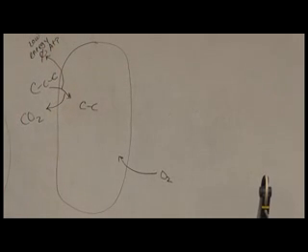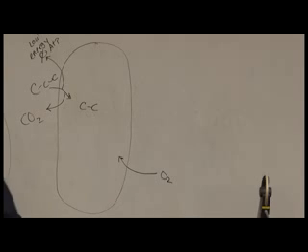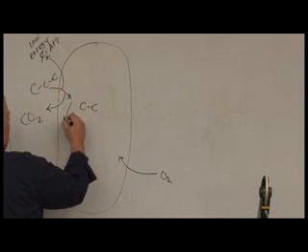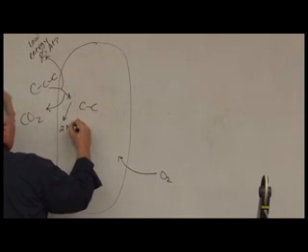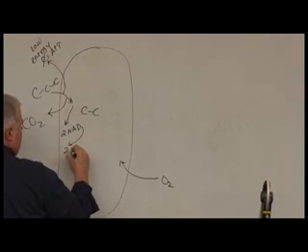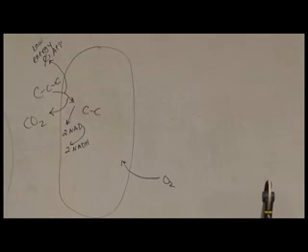But because we're breaking a carbon-carbon bond, we still have those hydrogen electrons that we can harness. So one of the things we will produce is NADH: we use NAD and make NADH out of it, which we can use to make more energy.